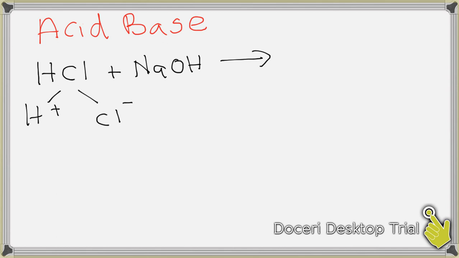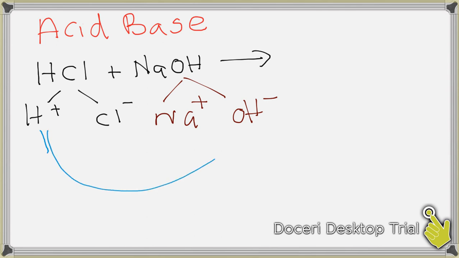Sodium hydroxide I can write as Na plus and OH minus. The H plus, the positively charged cation, goes with the anion of the other compound.